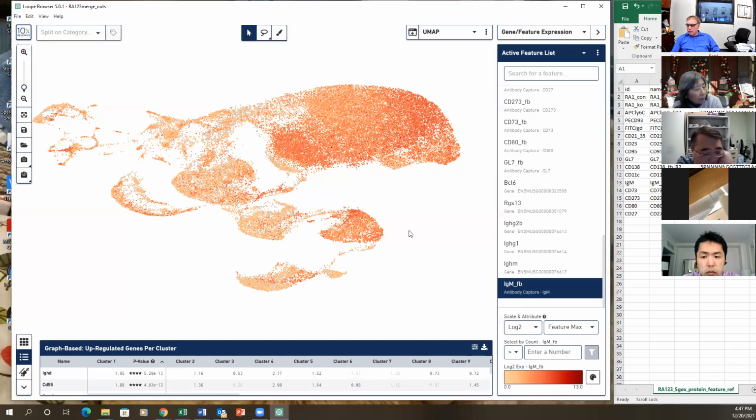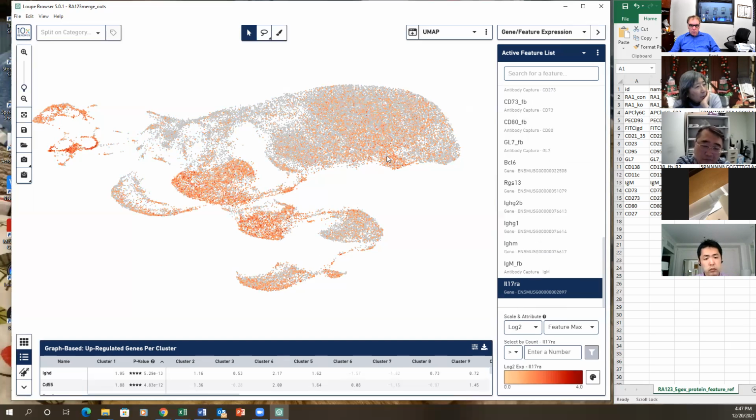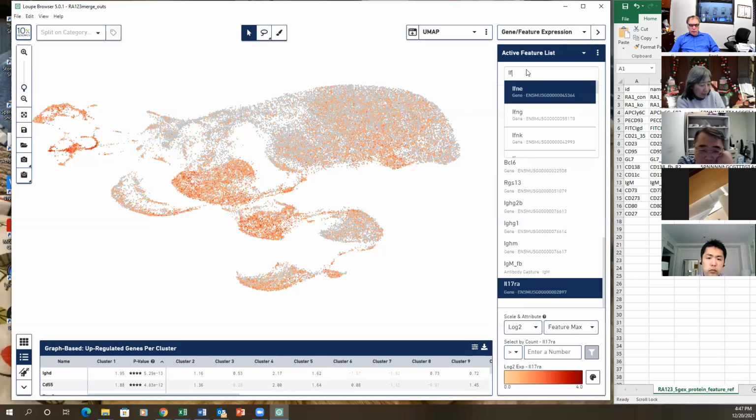Did you do IL-17 receptor? Yeah. Right, it's very specific, but somehow they got it here too. Did you do the other one, interferon gamma receptor?